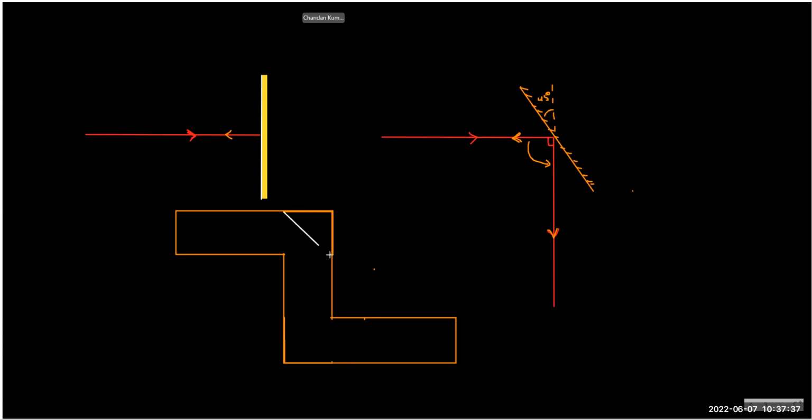One kept at 45 degrees here, another as well. If you make the two mirrors like this, then any light ray which is entering, coming from the horizontal, after reflection will become vertical, and the vertical will become horizontal again.